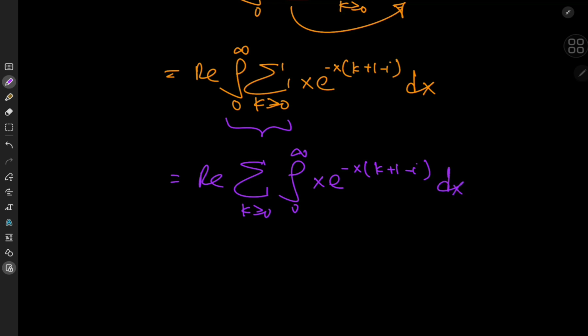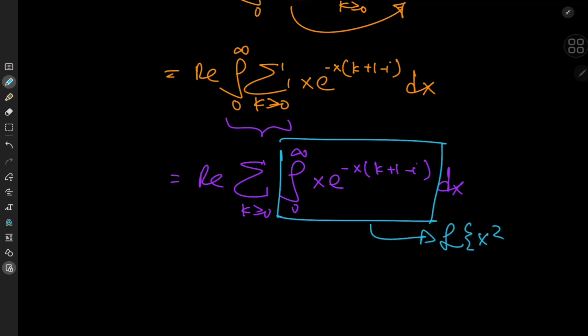And the structure you have is a really cool one now, because this thing that I'm just boxing up in blue is the Laplace transform of x when the variable s equals k + 1 - i, which is pretty cool.